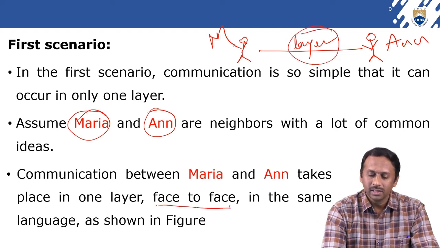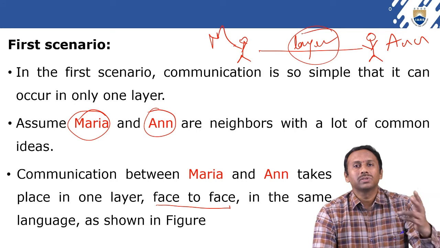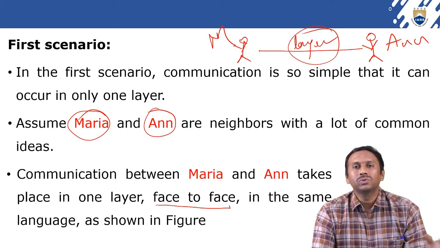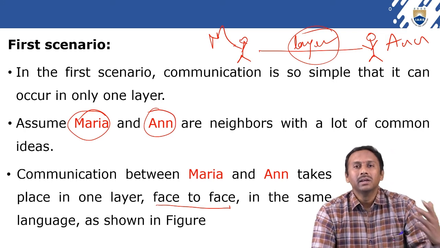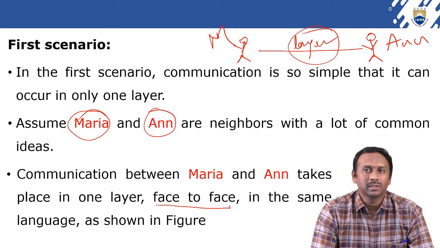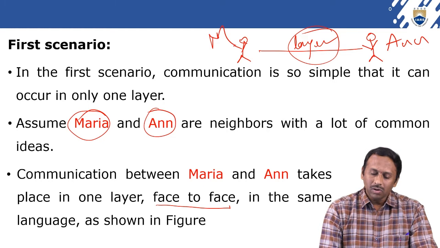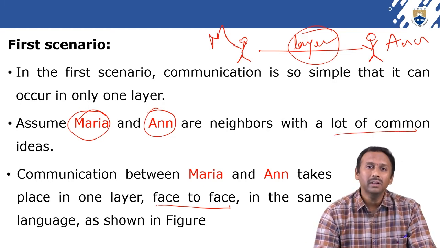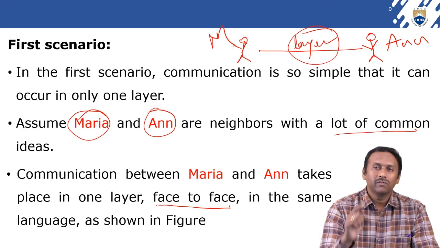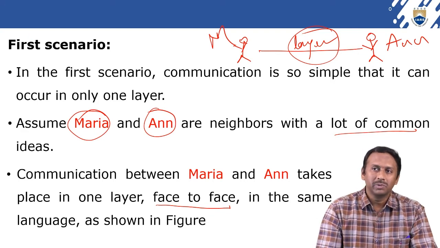So this layer is the face to face layer. The two neighbors are directly talking and sharing their ideas face to face. That is the first scenario, one way of communication.